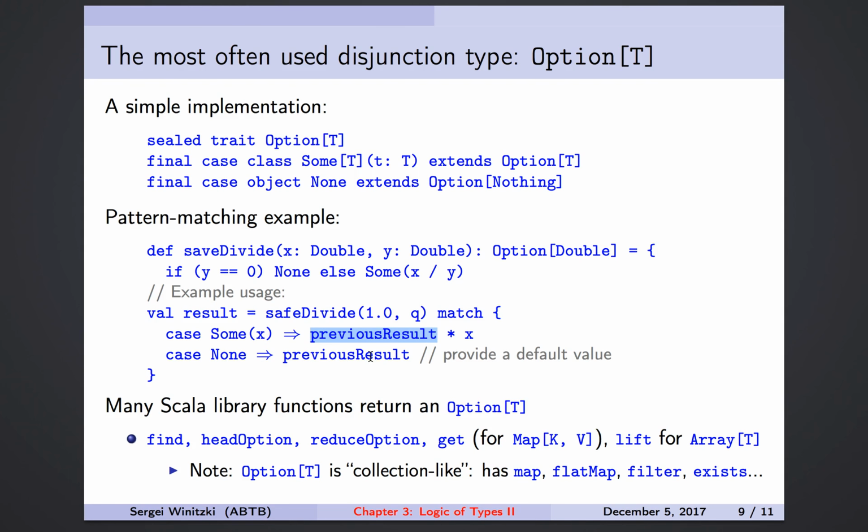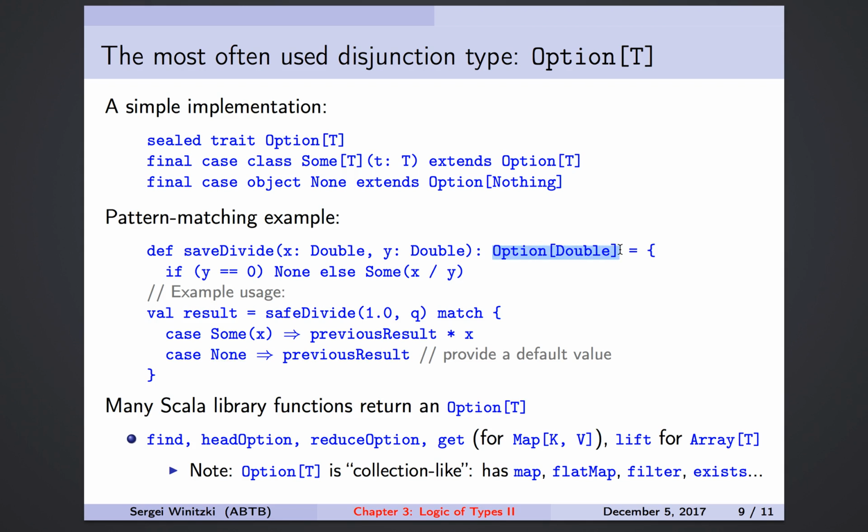And otherwise, I return the previous result. So this is a kind of a default value that I return when I don't get anything out of this function. And this function returns None, which is a valid result of type Option[Double].